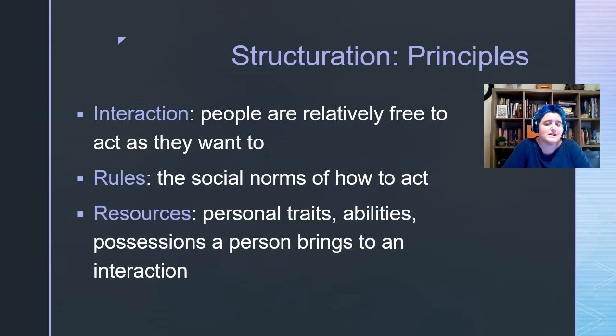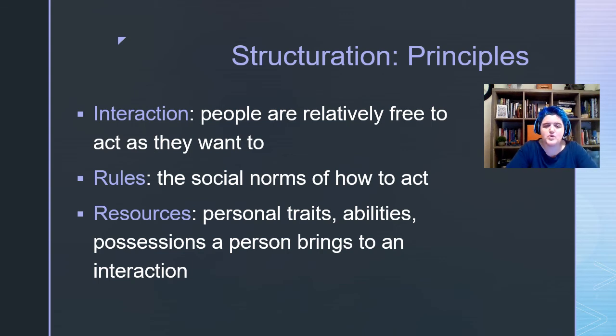And then each individual person also has resources, your own personal traits, abilities, and possessions that you bring to an interaction. If you're super charismatic, if you're very athletic, if you are related to someone in the police force, things like that.